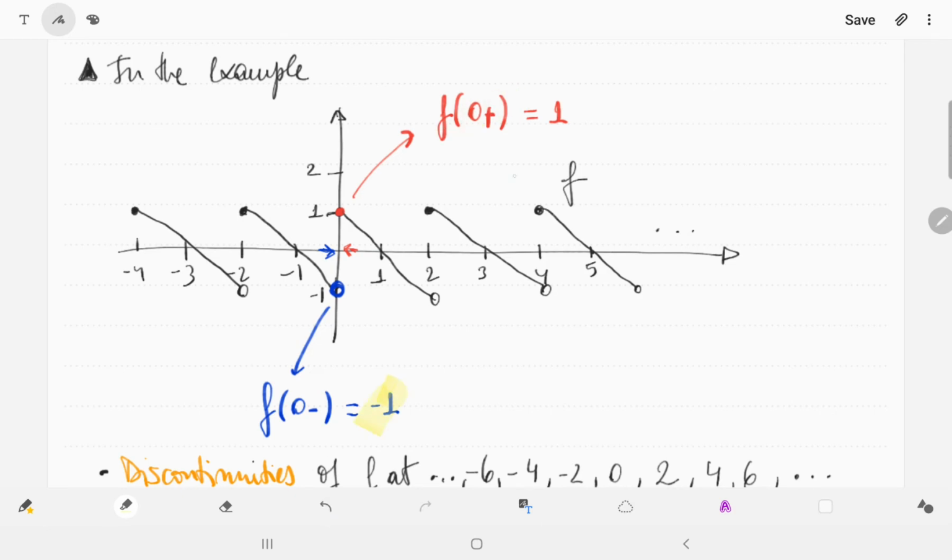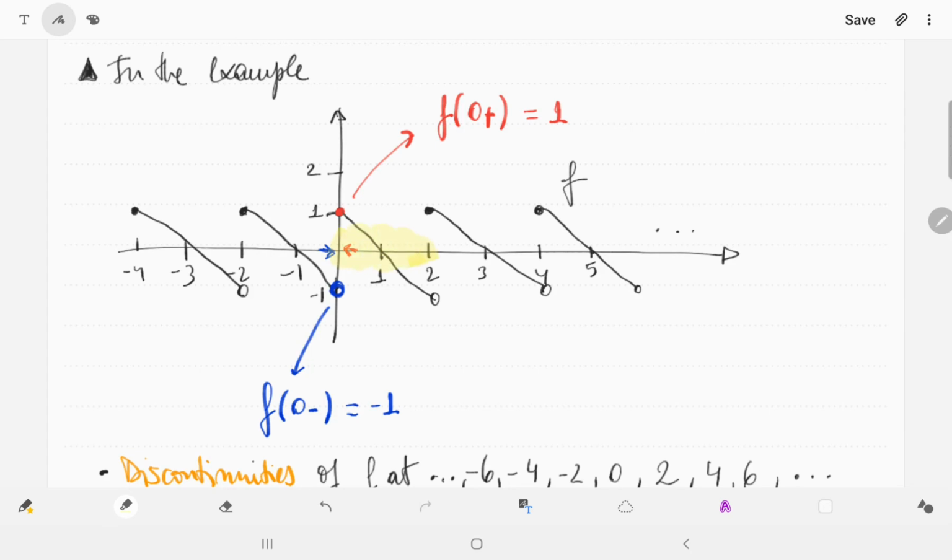So these are different, so the limit of f(x) with x going to 0 does not exist, because from one side we have -1 and from the other side we have 1. But that's not a problem, because these limits do exist, and the function in the rest of the interval, like here, is continuous.